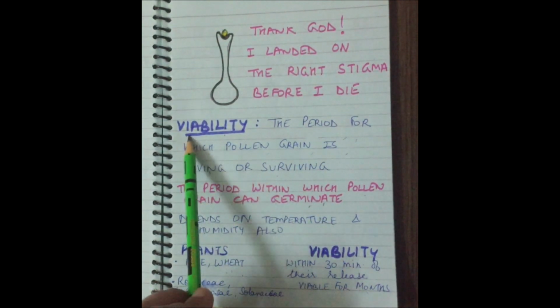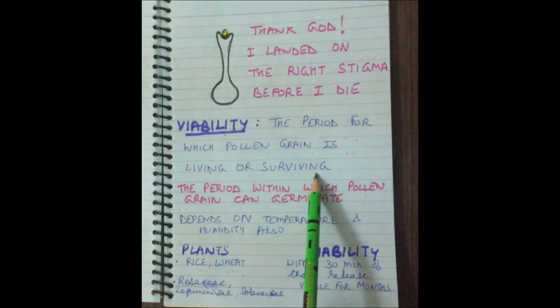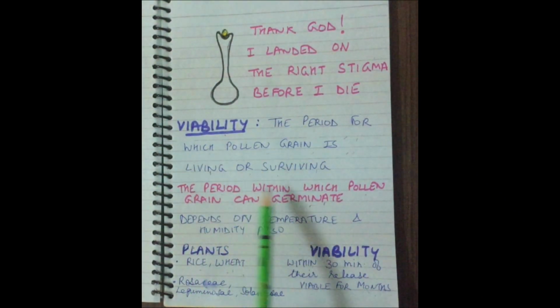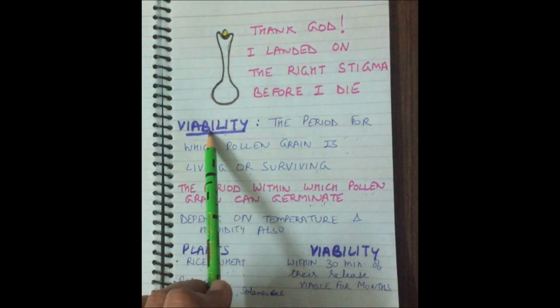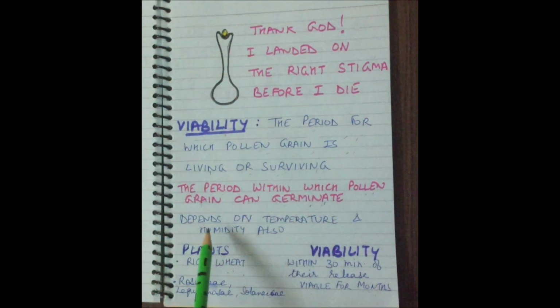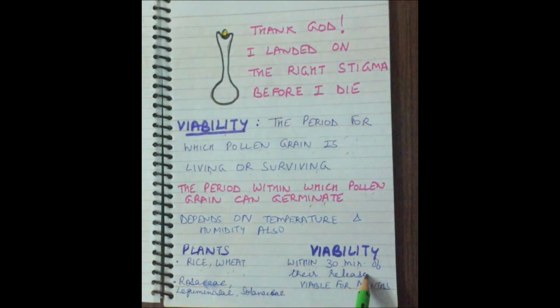Viability of pollen grains: the period for which the pollen grain is living or surviving. The period within which the pollen grain can germinate is called viability. Viability also depends upon the temperature and humidity. Pollen grains of plants like rice and wheat lose their viability within 30 minutes of their release.